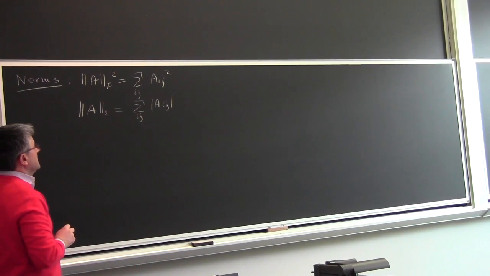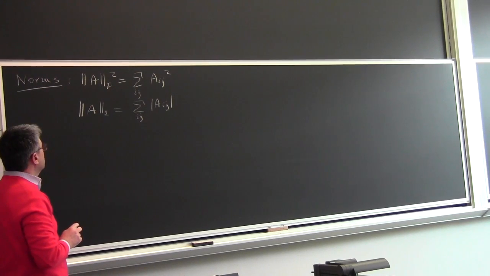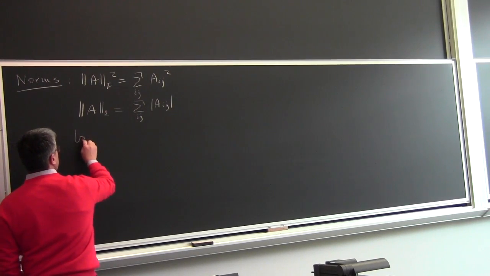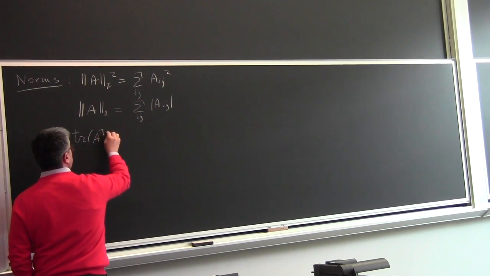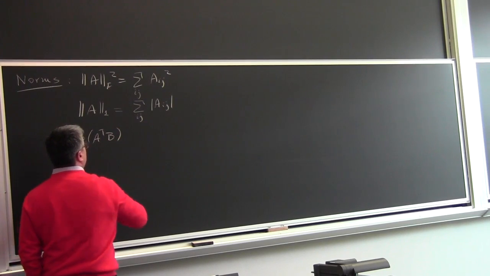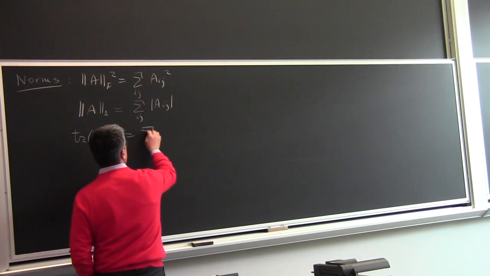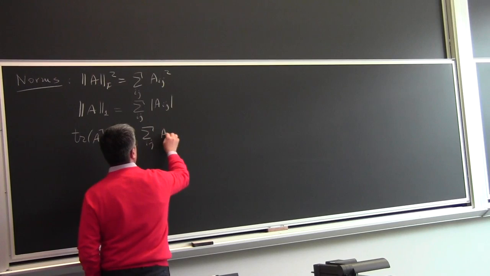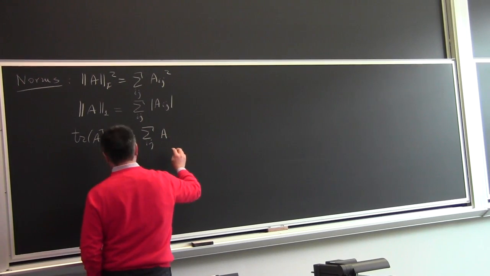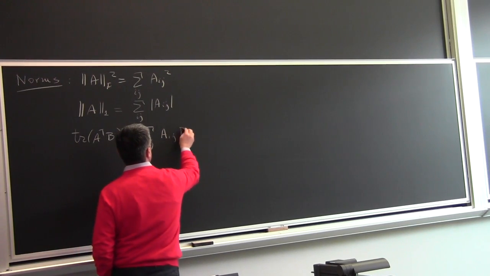The other thing, just as a matter of reminder, that we introduced in the last lecture was the calculation of the trace of A transpose B, which was the sum over i and j of a_ij b_ij.